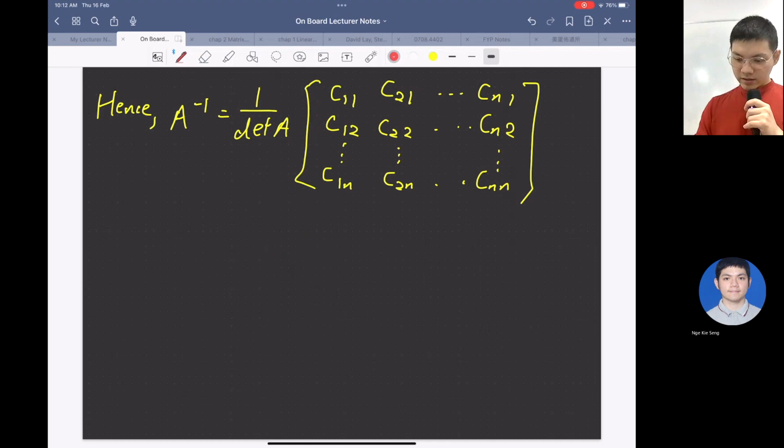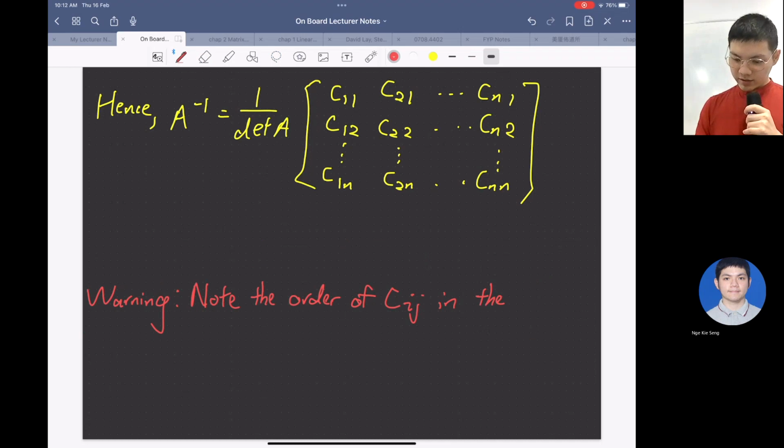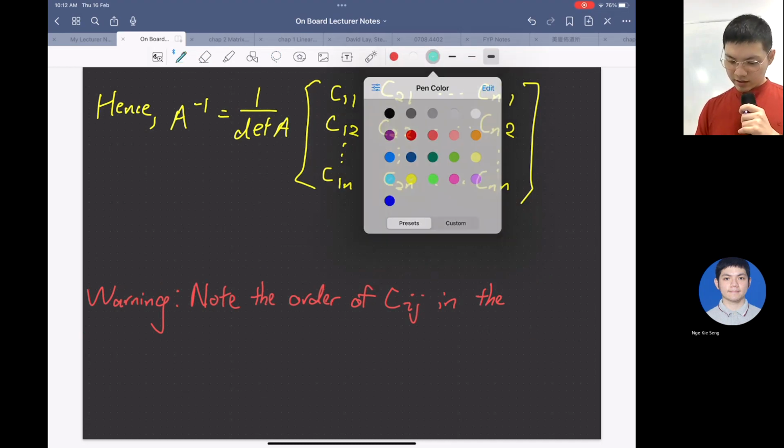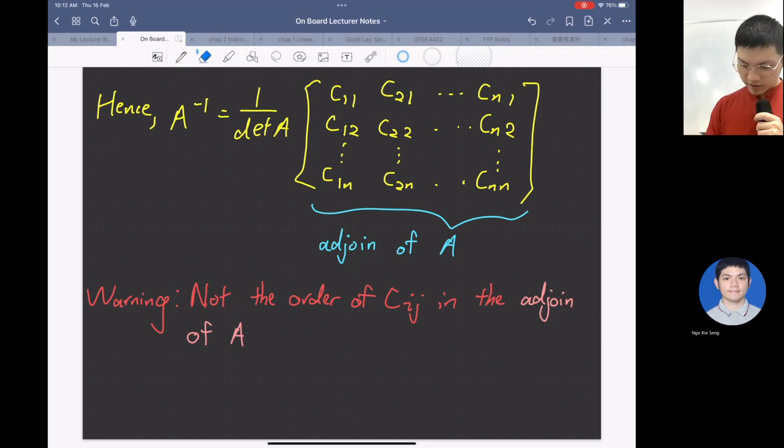Note the order of Cij in the inverse of A. Let's name this big matrix here the adjoint of A. Notice the order of Cij in the adjoint of A.